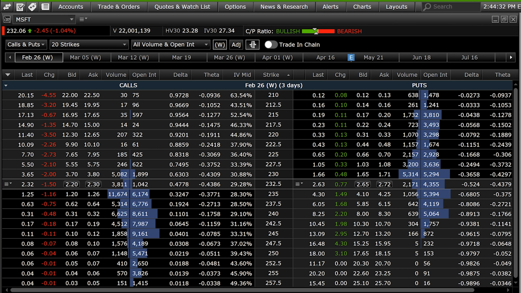Owning 100 shares of the stock of Microsoft is going to cost you $2,300, as opposed to buying a call that expires this Friday, which will cost you basically $2.32 times 100, which will end up being $230. There's a huge amount of upside potential that you can pull in, but the cost up front is tiny compared to what it costs to buy 100 shares of the stock.